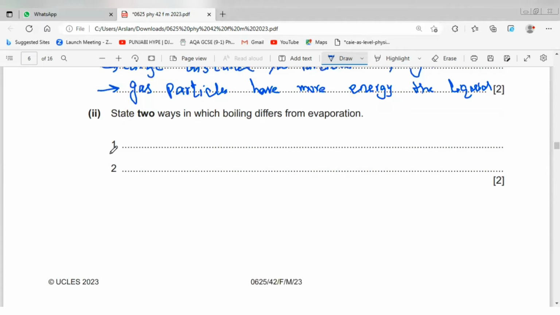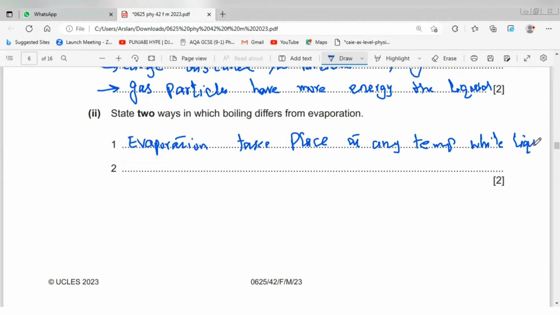It's only two ways. So evaporation takes place at any temperature, while boiling takes place at a fixed temperature.